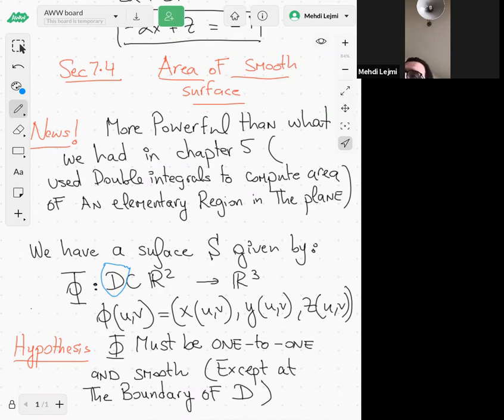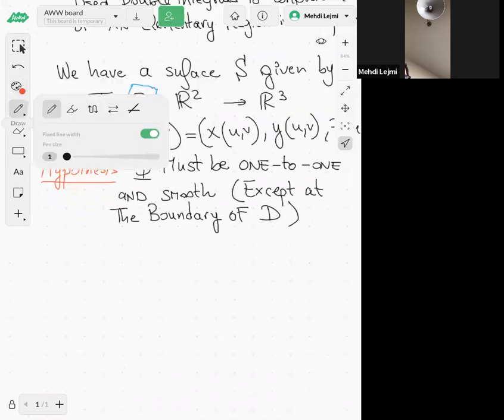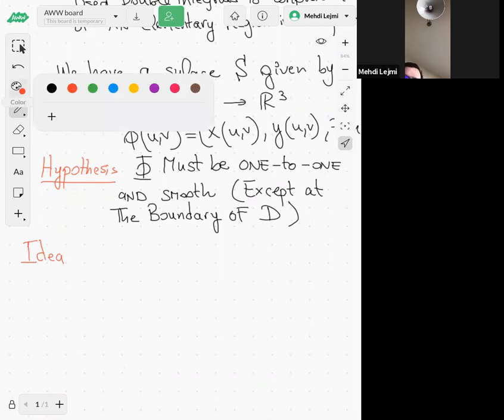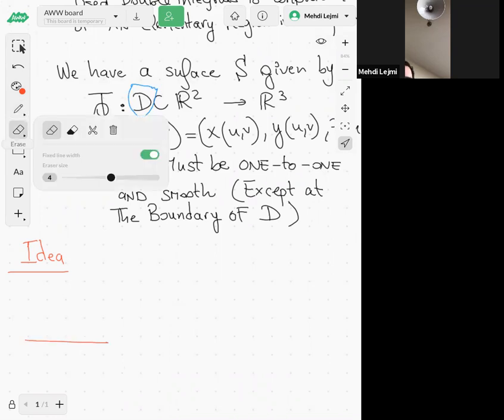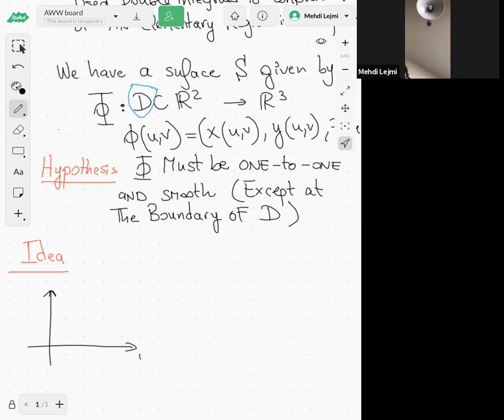So how can we compute the area of the surface? Geometrically, let me give you an idea of how we get the formula for the area of this surface S. We have two parameters, u and v, and some region D here.